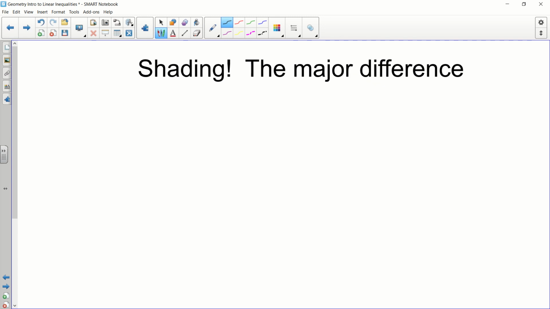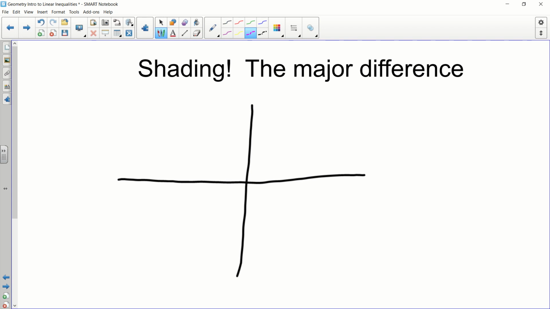So I talked about that area of solutions, and this is where the major difference between a linear equation and a linear inequality lies, and that is shading. Hypothetically, let's say I have my solid line like this.